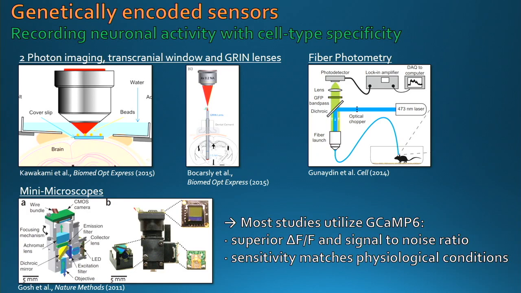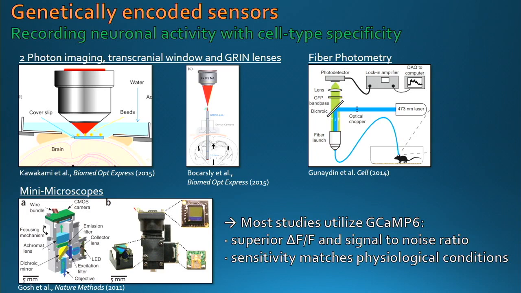It's actually a very good time to be in that field right now and to develop these tools, because on the hardware side, we saw some great advancements in the technology that allows us to read out fluorescent signals from live animals, technologies such as in vivo two-photon microscopy, fiber photometry, or head-mounted miniature microscopes. However, the majority of these studies use only one particular tool, and that is the fluorescent calcium indicator GCaMP.